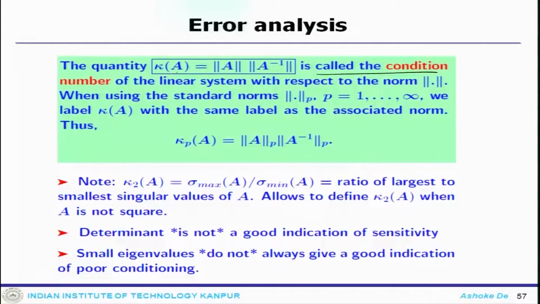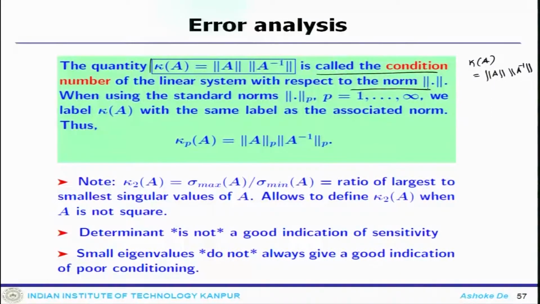It is kappa A, the condition number of a matrix A, which is the norm of A times the norm of A inverse, of a linear system with respect to a norm.